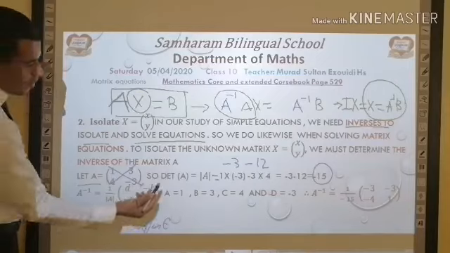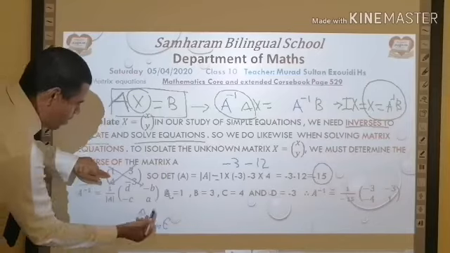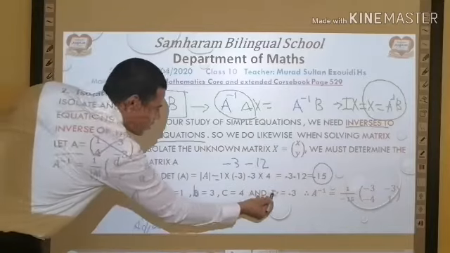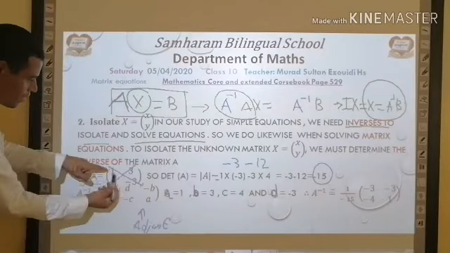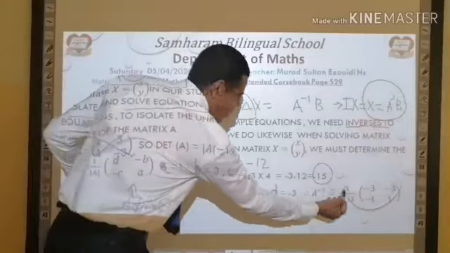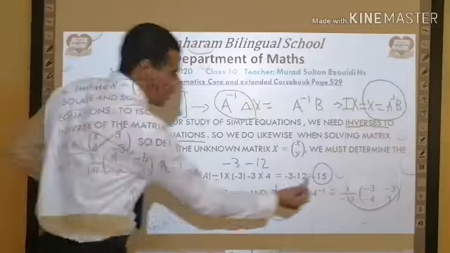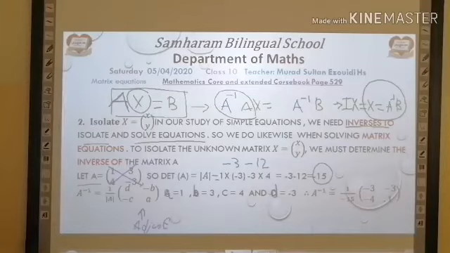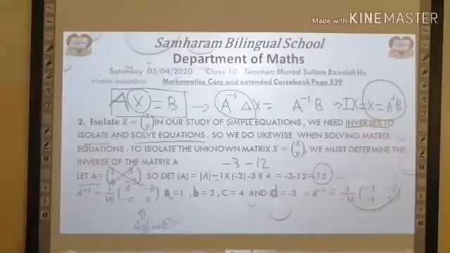Here, in our example, small a equals 1, small b equals 3, small c equals 4, and small d equals negative 3. So the inverse of the matrix is 1 divided by the determinant negative 15, multiplied by the matrix with negative 3 and 1 on the main diagonal, and negative 3, negative 4 on the second diagonal. This is, my kids, the inverse of the matrix.